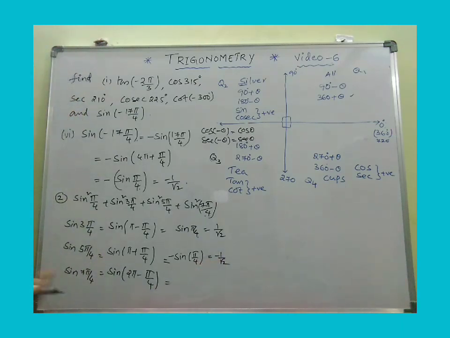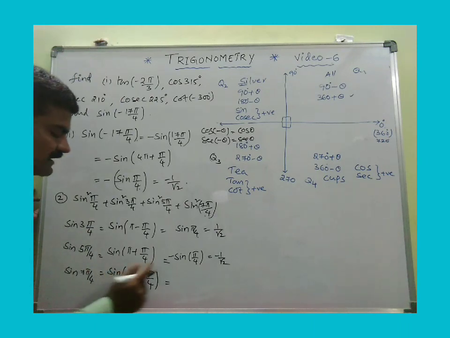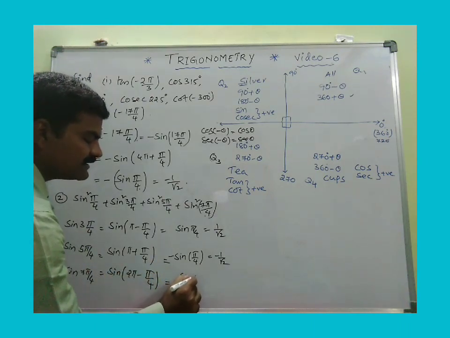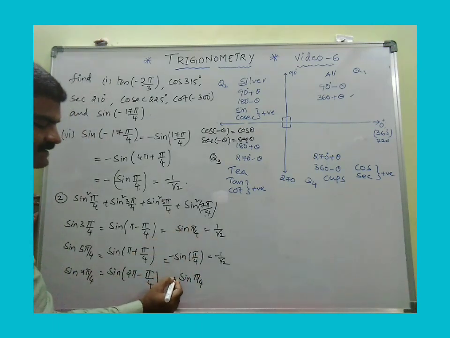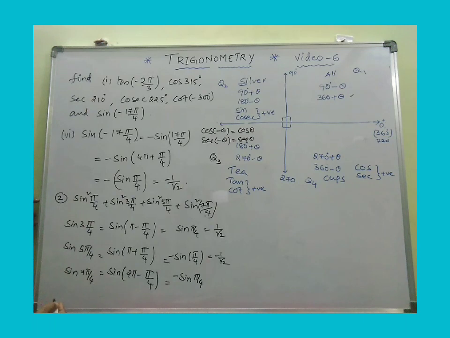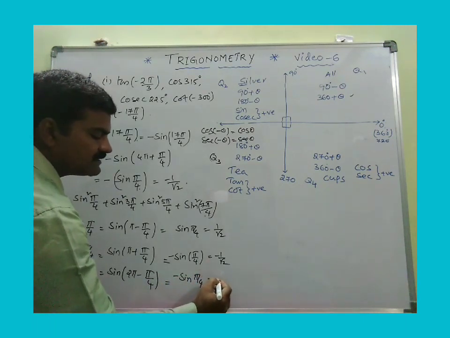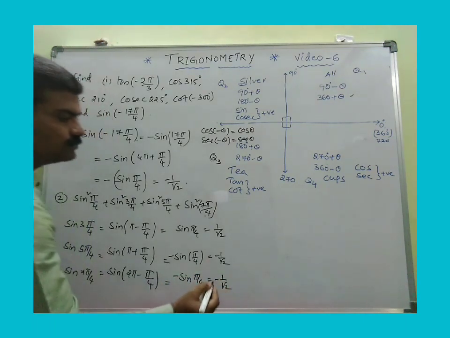Right, and this is 2 pi, nothing but 360, and 360 minus theta is the fourth quadrant. Because of 360, sine is sine itself, that is sine pi by 4, and moreover because of the fourth quadrant this is negative, minus. So this is also minus 1 by root 2.